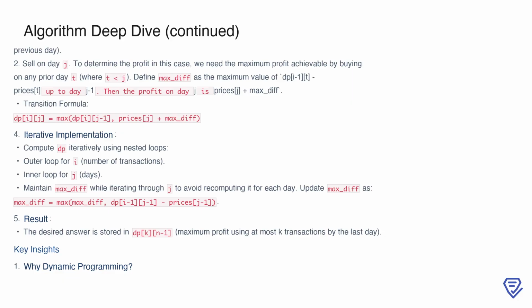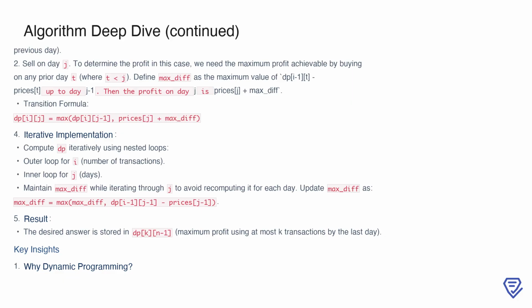The transition formula is then given by dp[i][j] equals max(dp[i][j-1], prices[j] + max_diff). To compute this efficiently, we maintain and update max_diff as we iterate through the days. For every day j, max_diff is updated as max(max_diff, dp[i-1][j-1] - prices[j-1]). This avoids recalculating the maximum difference for every day, ensuring the algorithm remains efficient.